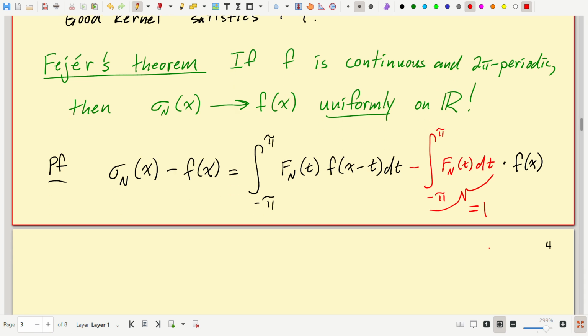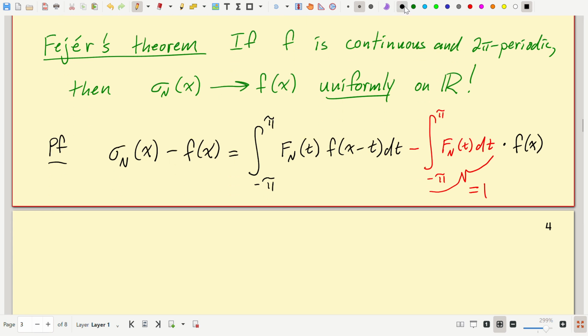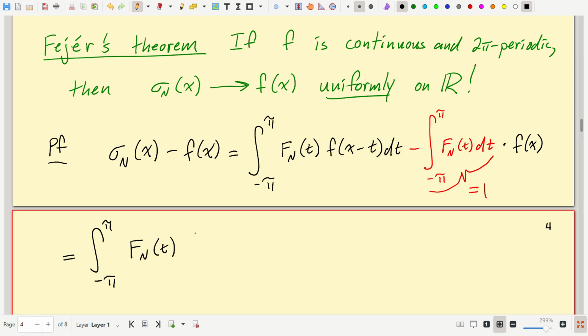And so now I can write this under one integral. That's going to be the integral from minus pi to pi of fn of t times f of x minus t minus f of x dt.